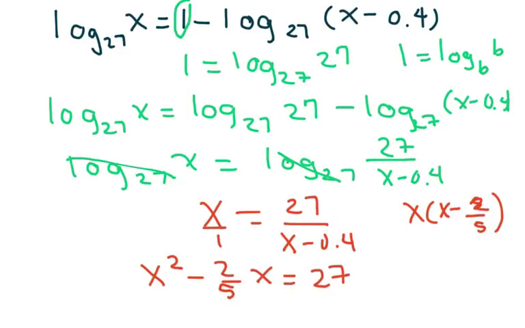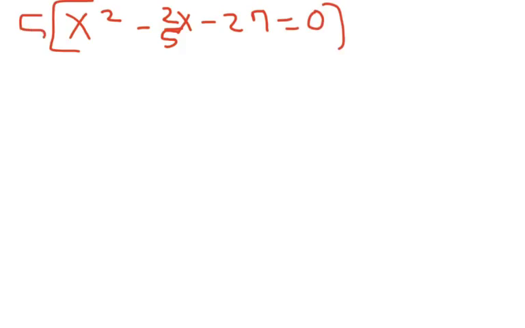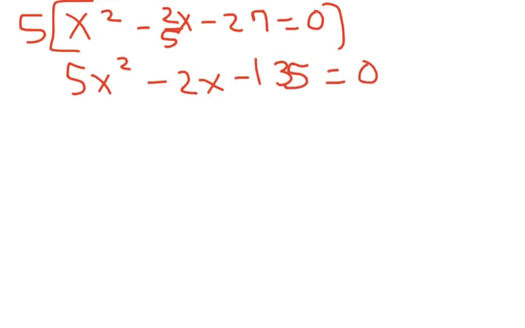Now we have a quadratic, so we're going to have to FOIL or use the quadratic formula. So I get x squared. I'm going to move everything over and multiply everything through by 5 to clear the fraction. I wasn't sure how to factor this, so if you're good at factoring, do that.